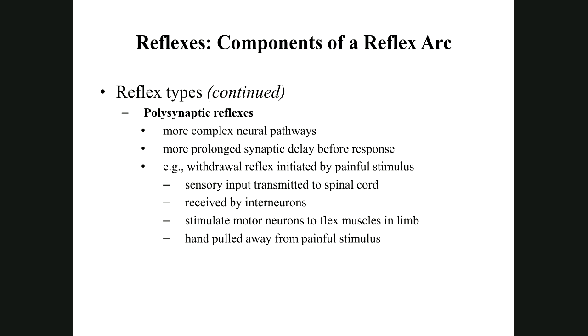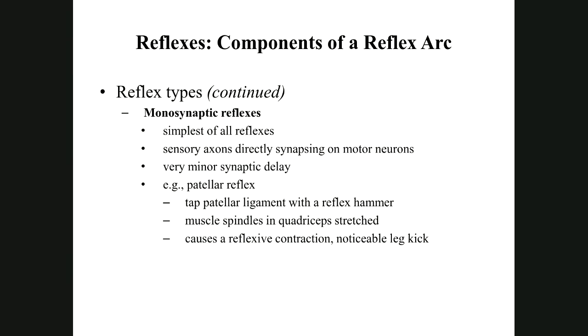So this isn't that difficult. Monosynaptic means there's only one synapse. So that means that the sensory neuron directly synapses to the motor neuron. So there's never even an interneuron involved, okay? A patellar reflex is an example of that. That's the one where you tap the mallet on your knee and then it kicks.